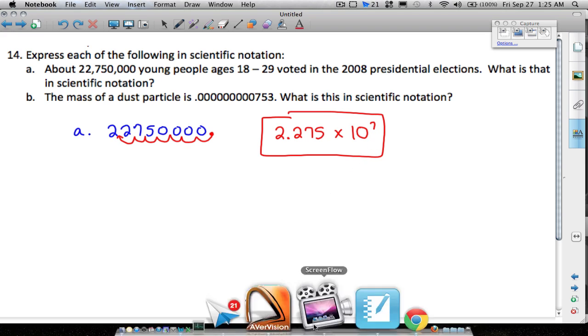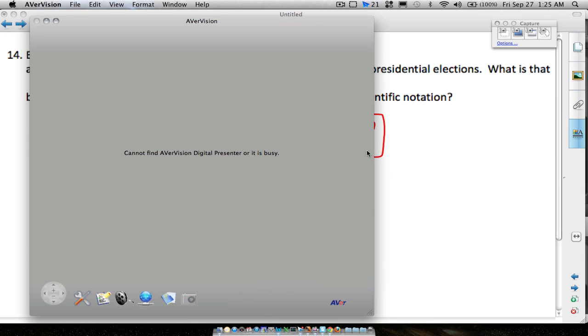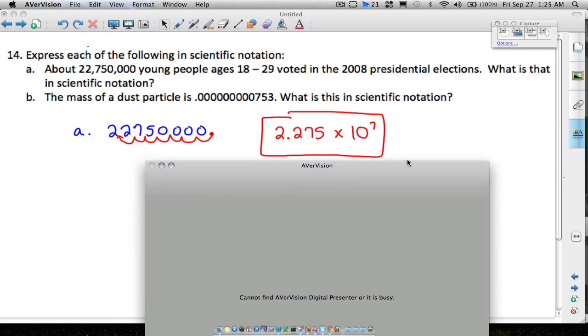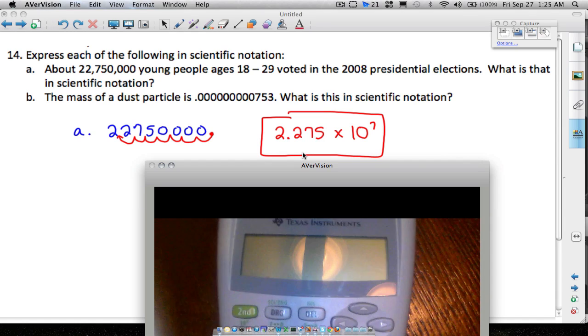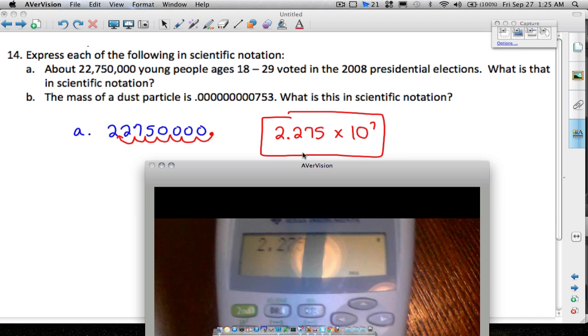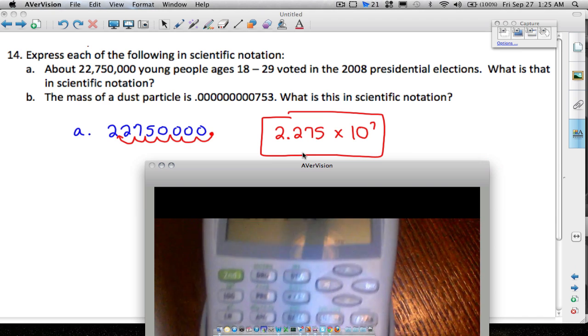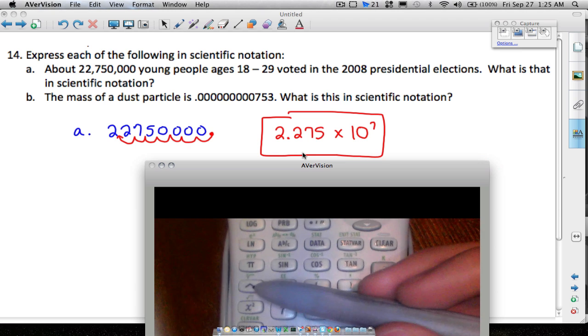And let me go ahead and show that to you on the calculator. That number in scientific notation is going to be 22,750,000. So let's type that in. 2.275 times 10, and then remember your exponent key is right there.